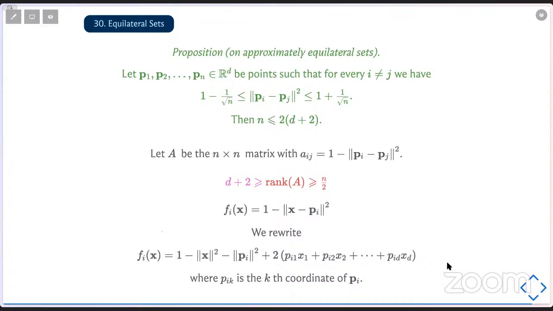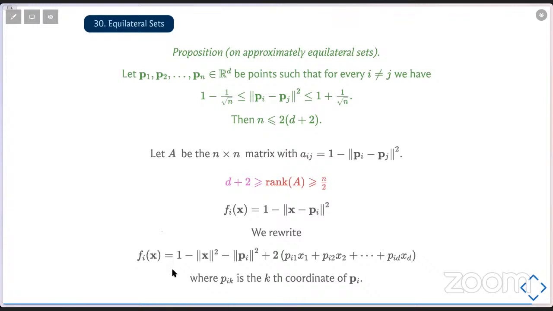You remember we had some monomials, and we first said that all of these can be described by at most so many monomials, but then we took a closer look at the functions and said that they can be written as a linear combination of a much smaller set of functions, and that's what gave us the bound that we wanted. So this is kind of in a similar spirit.